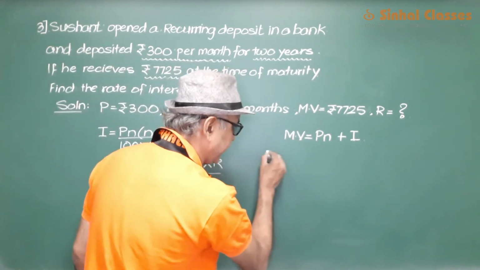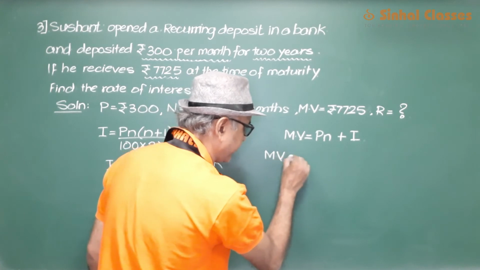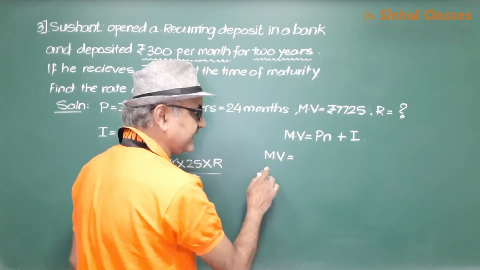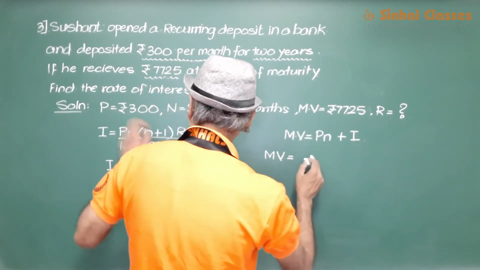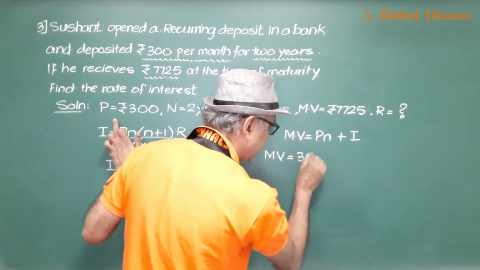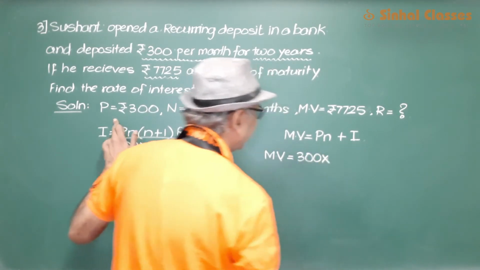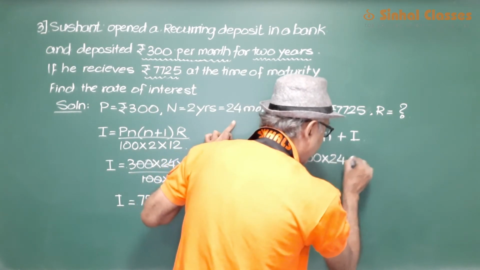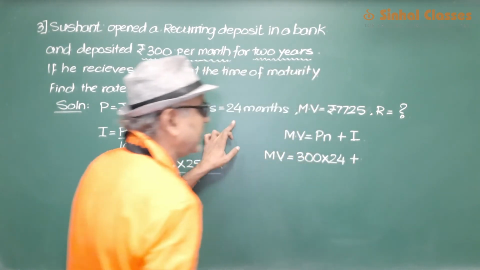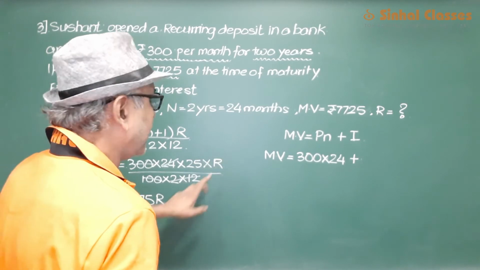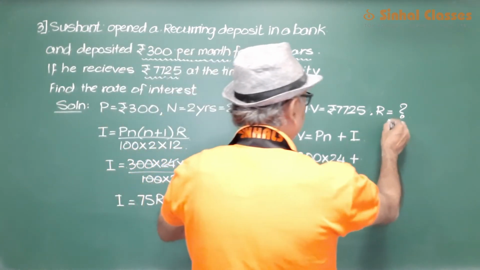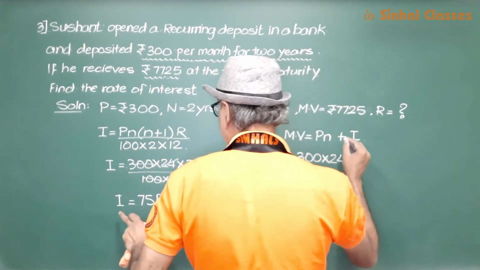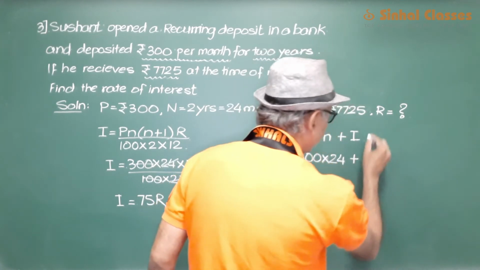Formula for MV is Pn plus I. Now P is how much? 300. N, which is 24. R, which is not known to us.